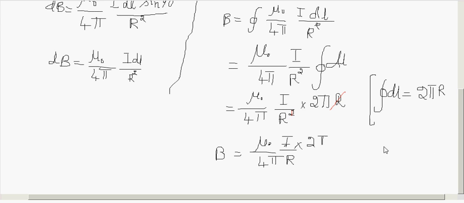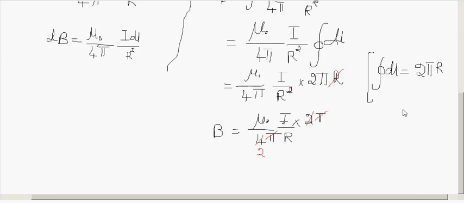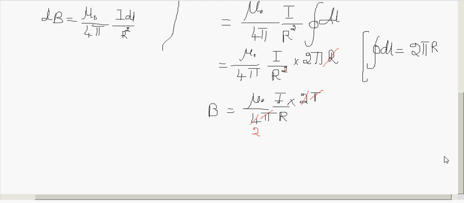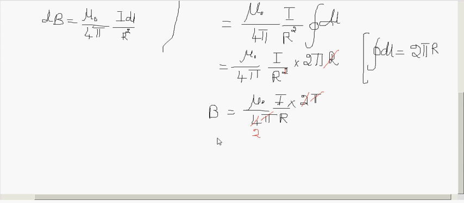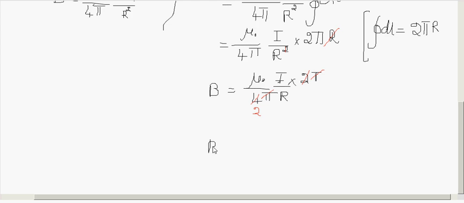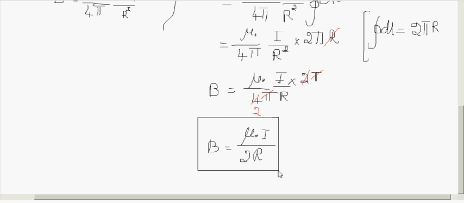Again we can cancel pi, and 2 with 2. So finally we get B is mu naught I by 2R. The field at the center of a circular loop, B, is mu naught I by 2R.